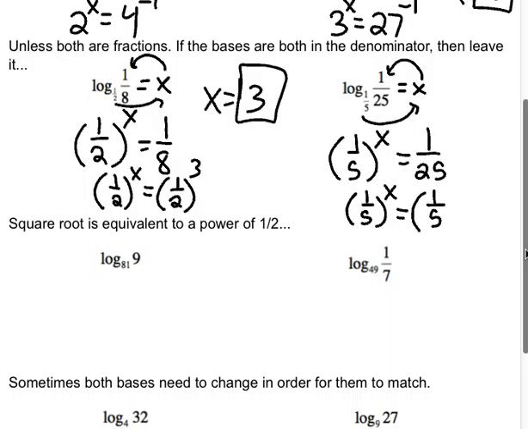What I'm going to notice is 25 is 5 squared. Okay, so 5 squared gives me 25. 1/5 squared gives me the 1 over 25. So ultimately, what does that mean? Well, that means that that logarithm is 2. That's the exponent I can put on 1/5 to give me 1 over 25.